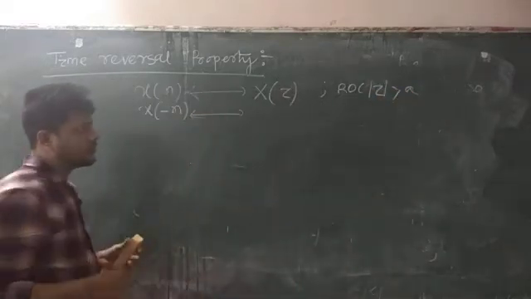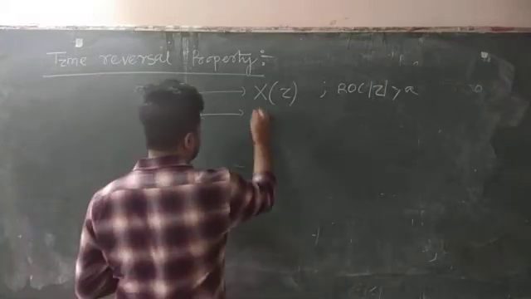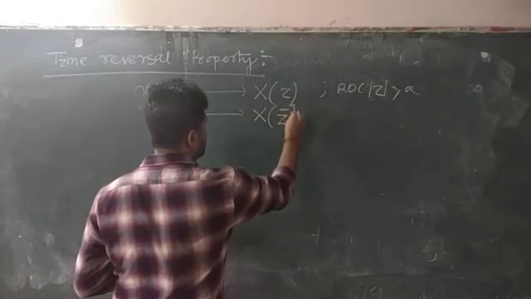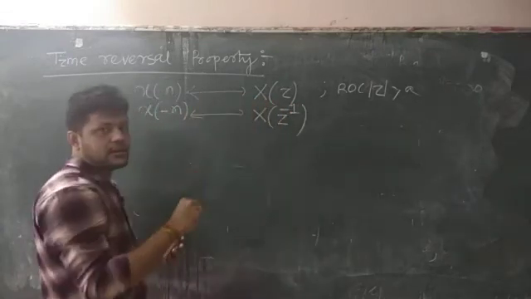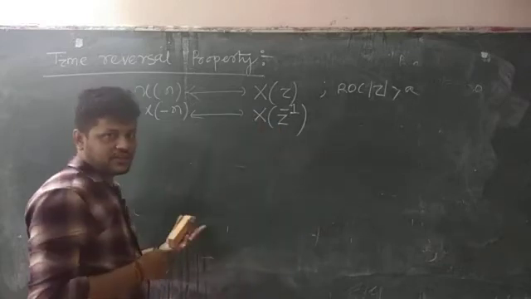If you reverse the signal to x of minus n, then wherever you see z, you just replace z with z inverse.